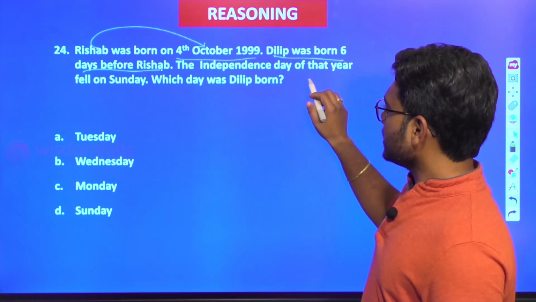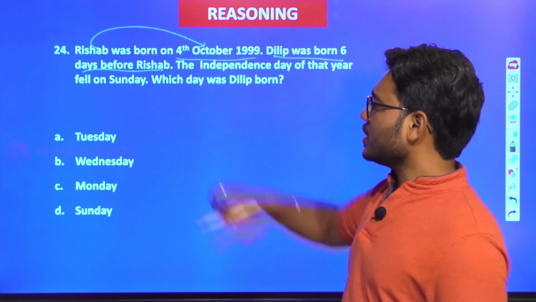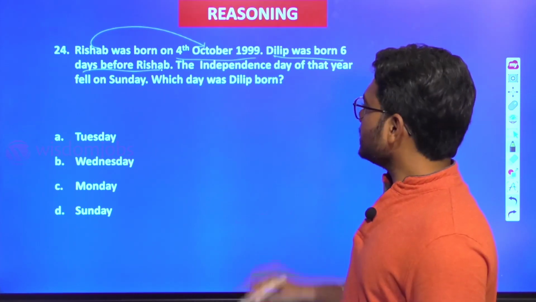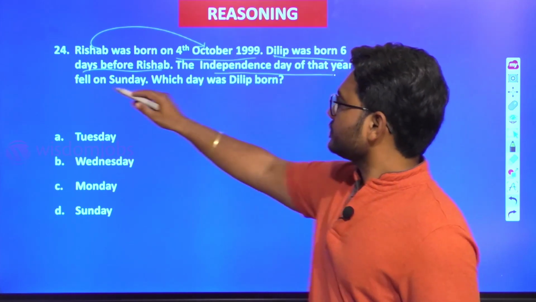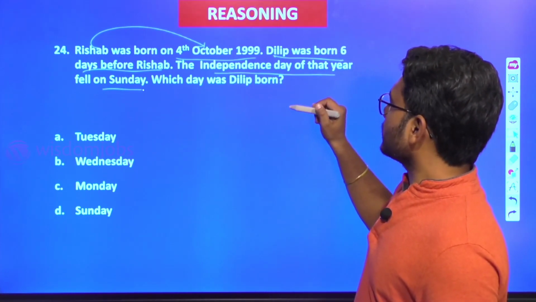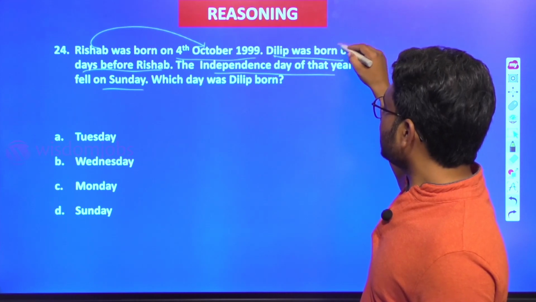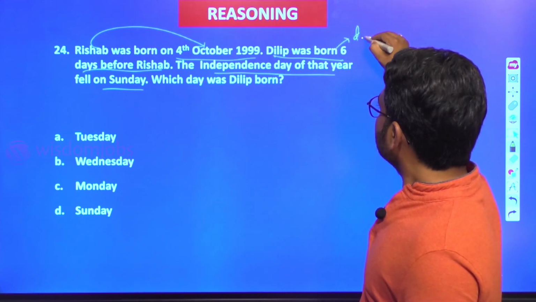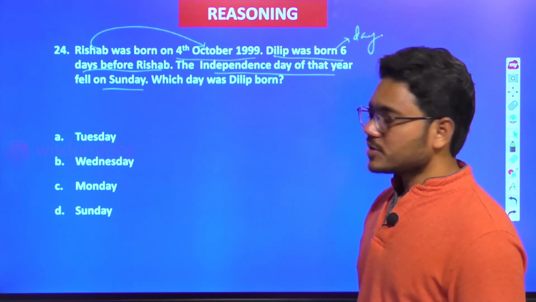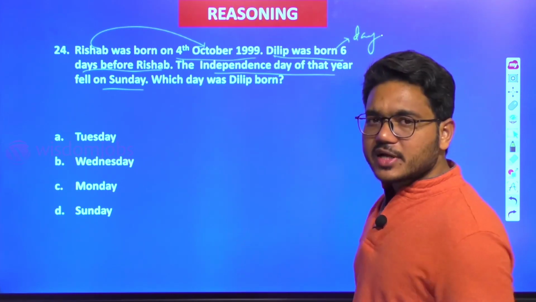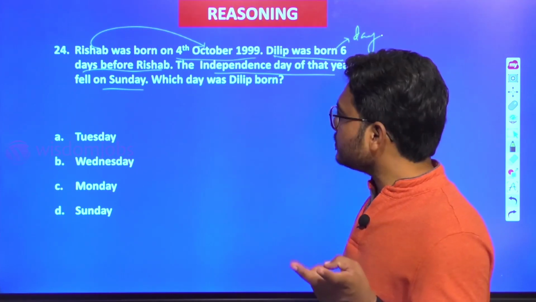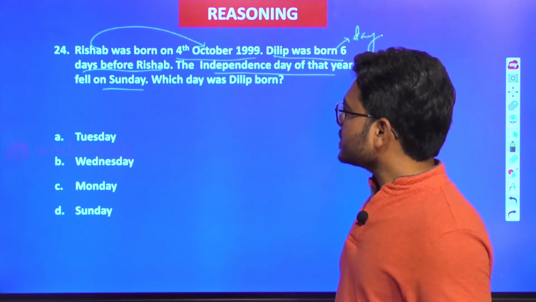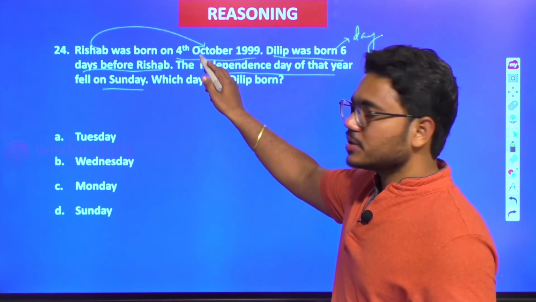The Independence Day of that year fell on Sunday. So he is giving some hint here. Which day was Dilip born? In any reasoning problem, first read out the problem. We need to identify the day on which Dilip was born. For that he has given valid information: two important points here, that Rishabh was born on 4th October.